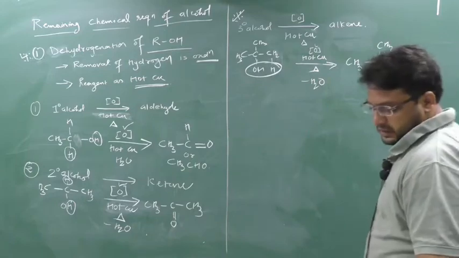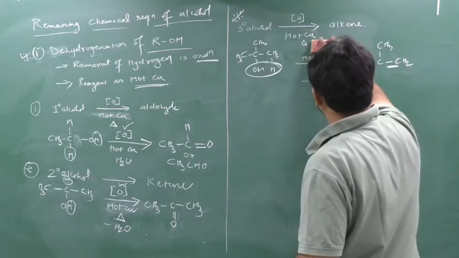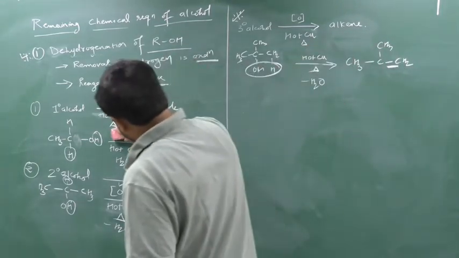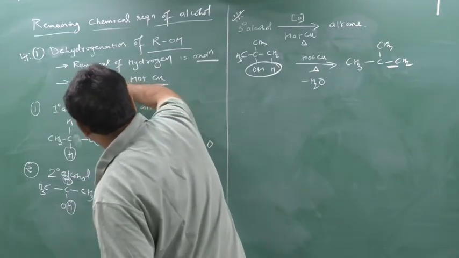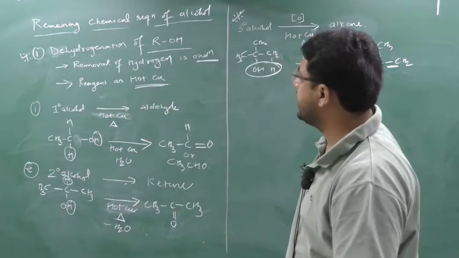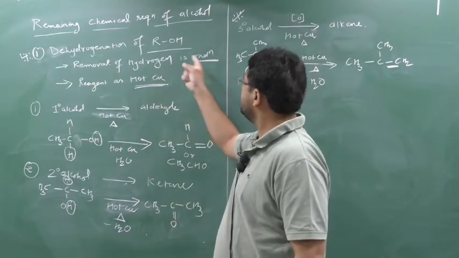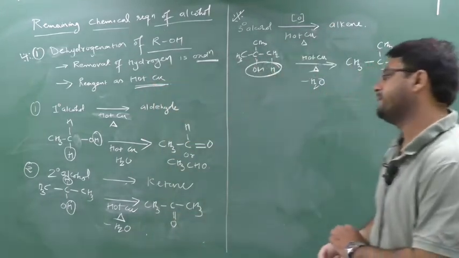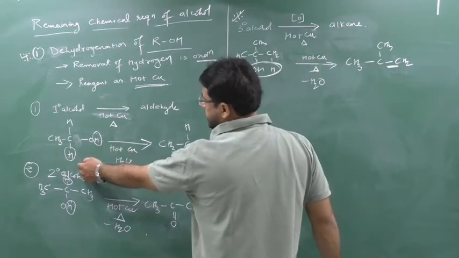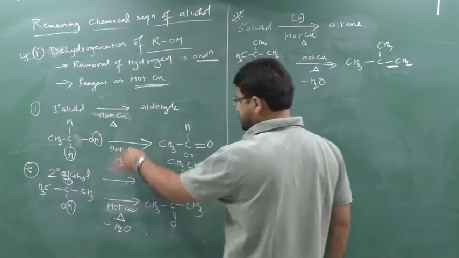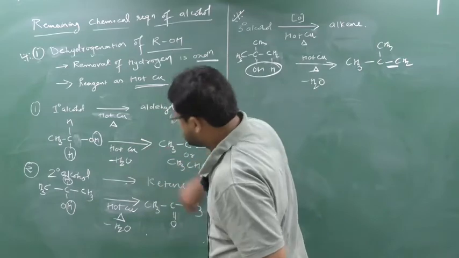So this will be generated. Please remember, even if you don't write oxidation here, you have to understand this. Okay, it is better not to write it because it is not given in your book. That's why I am not writing it. What you have to understand is that dehydrogenation means removal of hydrogen, which is nothing but oxidation only. Clear? See, here there is a removal of hydrogen only, no? H and O, H2O, remove this. Yes or no?